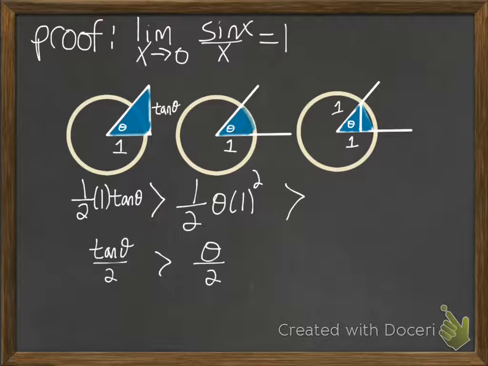We know that sine of theta is the opposite over the hypotenuse. So that side over 1 would be equal to sine of theta. So therefore the height of this little triangle is sine of theta.